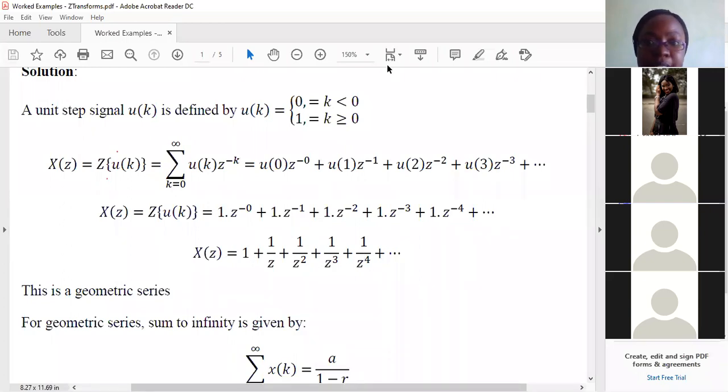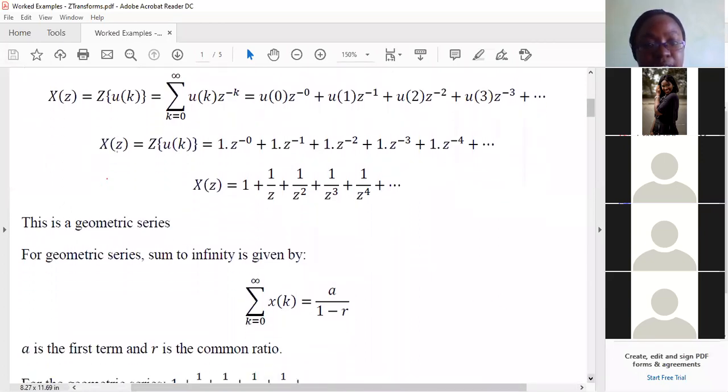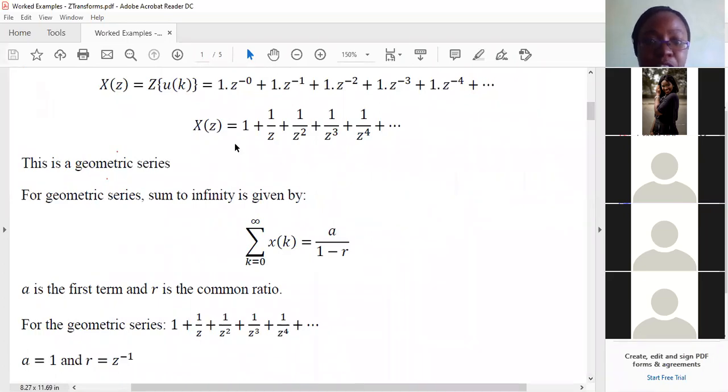If you observe this series, you will see that this is a geometric series. You've all done geometric series when you were in secondary school. And remember that for the Z transform, you are summing from 0 to infinity.